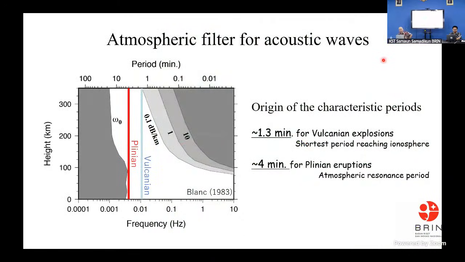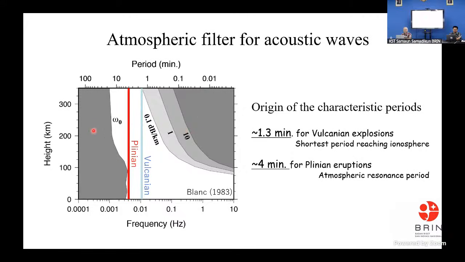And there are some requirements for the period or frequency that can reach the ionosphere. For example, our voice has a very short period and high frequency, so such audible sound cannot reach the ionosphere because it is attenuated.